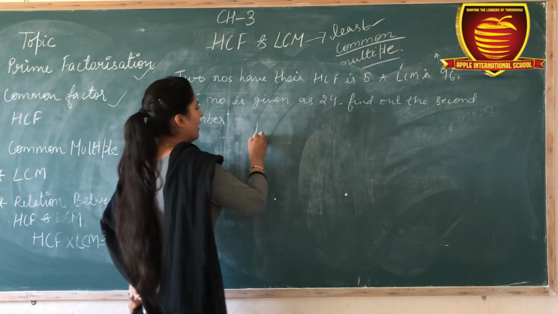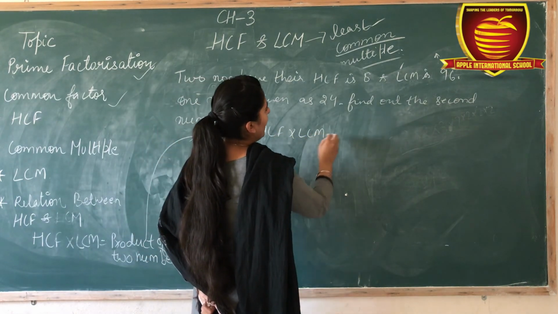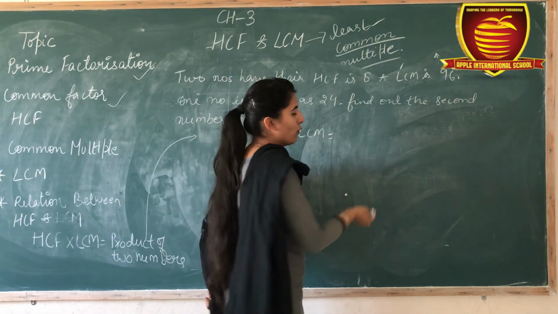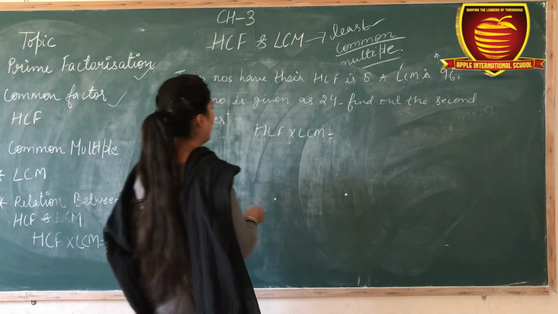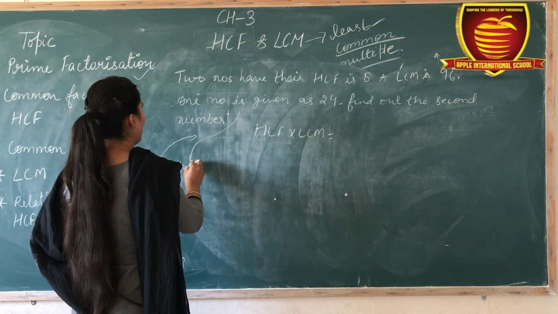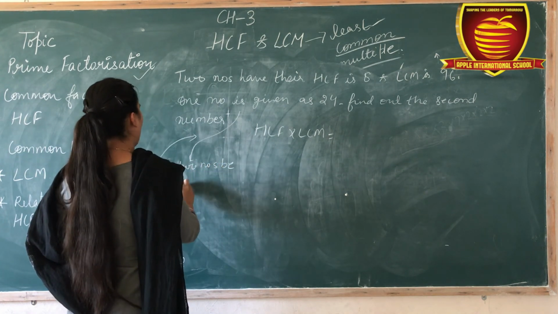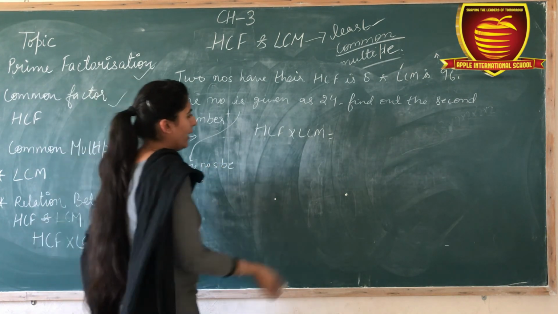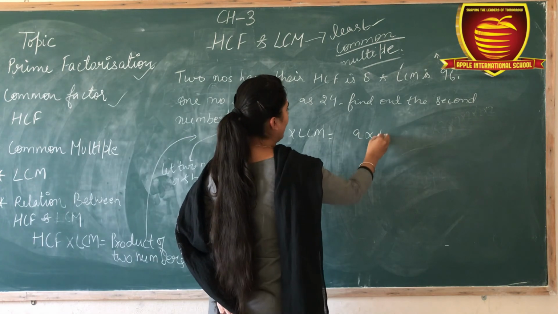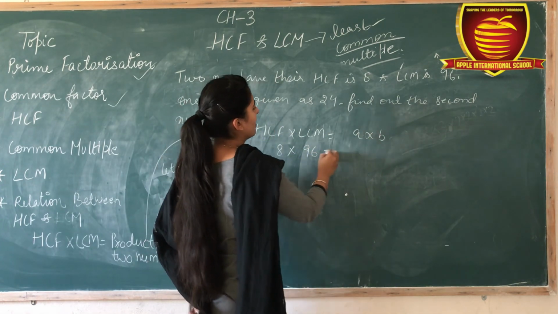So HCF multiplied by LCM is equal to the product of two numbers. Let the two numbers be A and B. HCF is 8, LCM is 96.